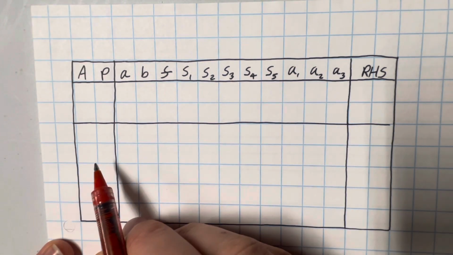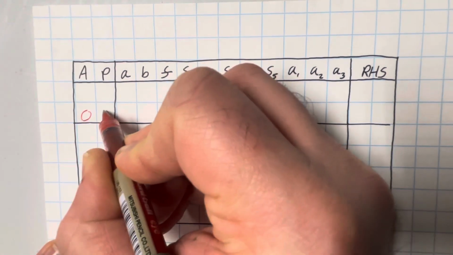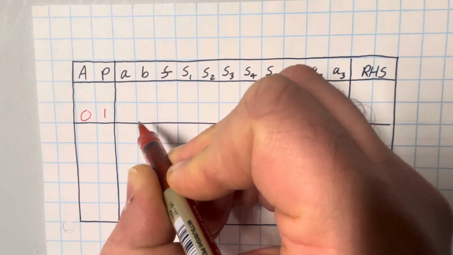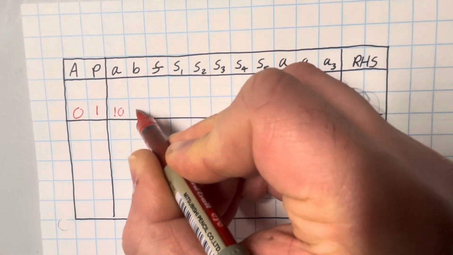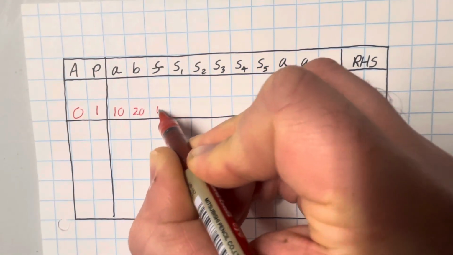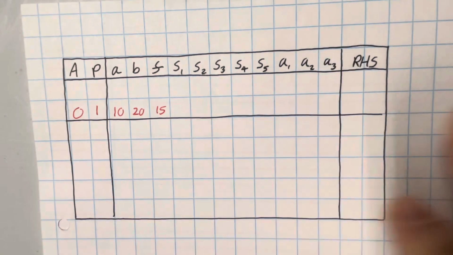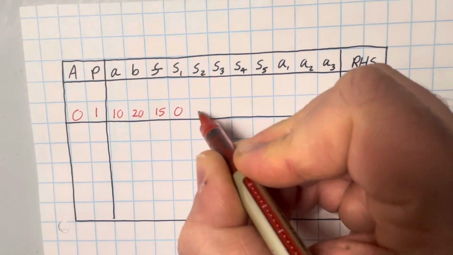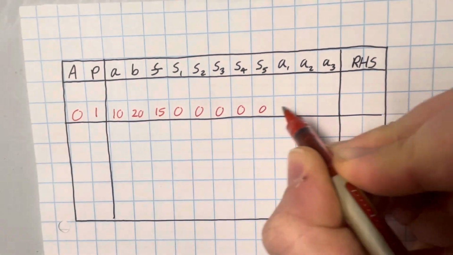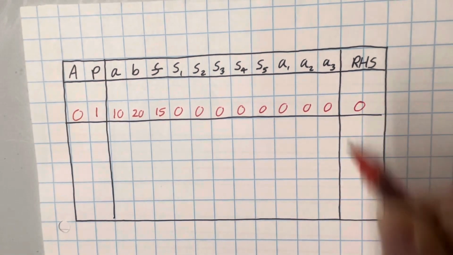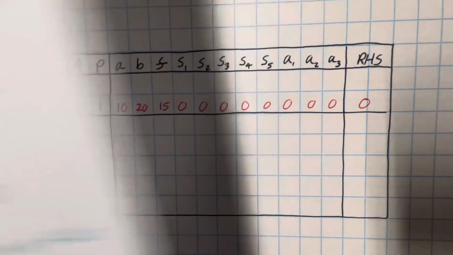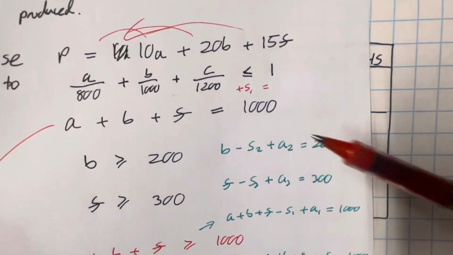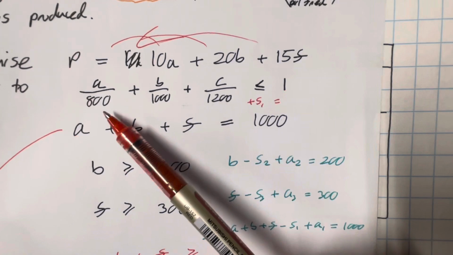really big tableau. So we get 0, 1, then the objective was 10A plus 20B plus 15F. So I'm going to get 10A plus 20B plus 15F. There were no other constraints, and the right hand side is initially 0 because we're starting at the origin. Okay. And then I'll come back to the top row at the end. Then I've got these constraints.